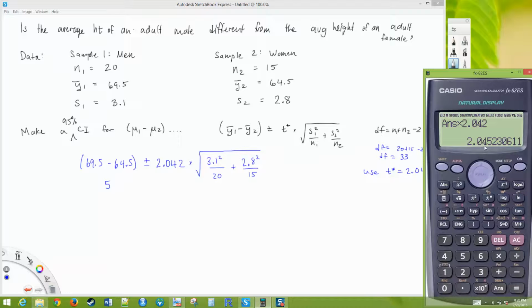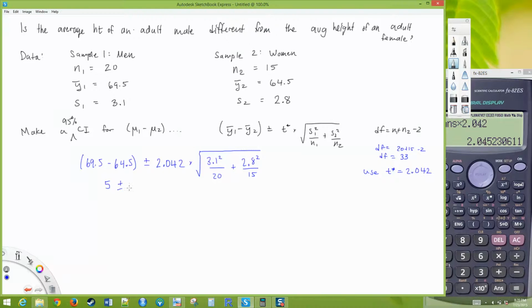So I got 5 plus or minus 2.045. Pretty much we can say it's like 2 inches, but if we want to be super precise, okay?